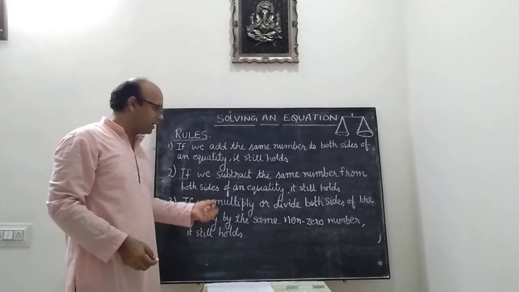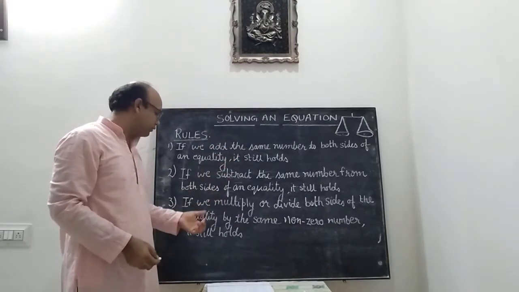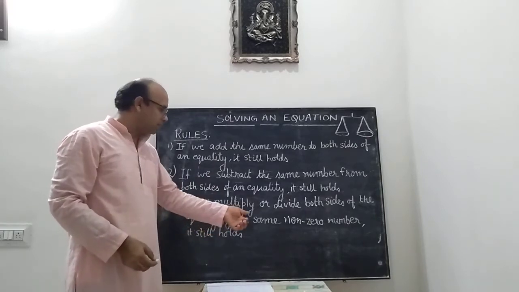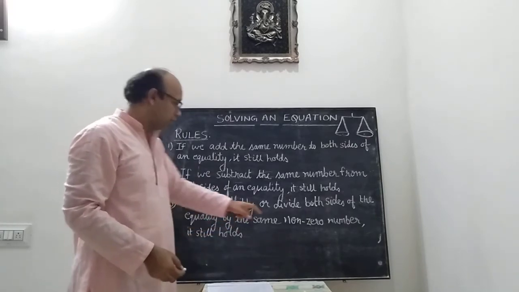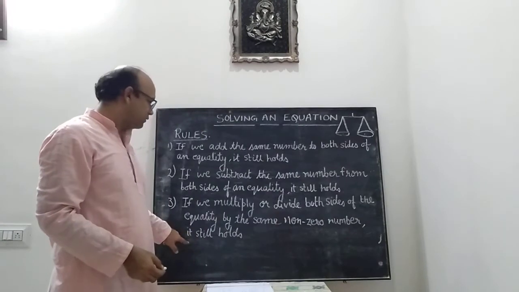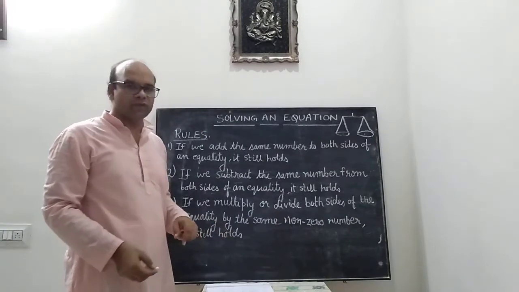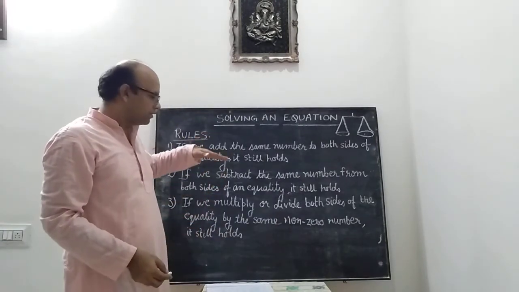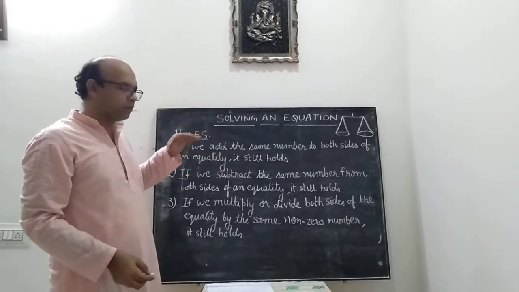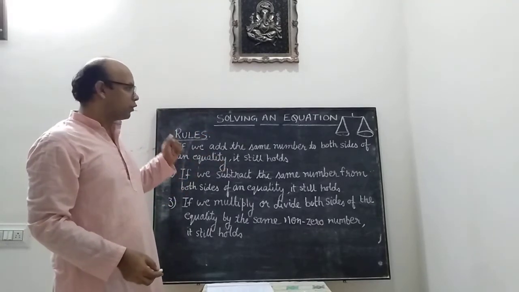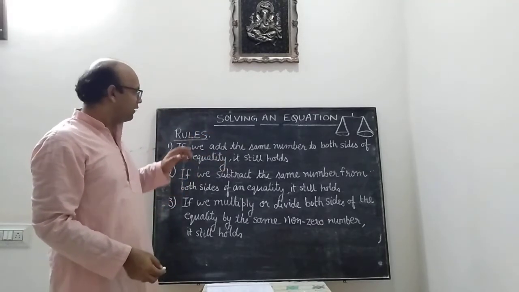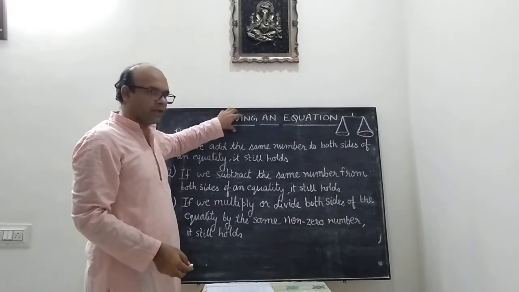If you multiply or divide both sides of the equality by the same non-zero number, the equality still holds. These are the principles or rules which have to be followed while solving an equation. And we know what it means to solve an equation.